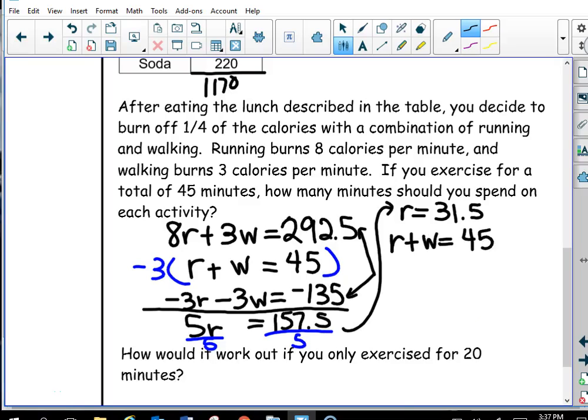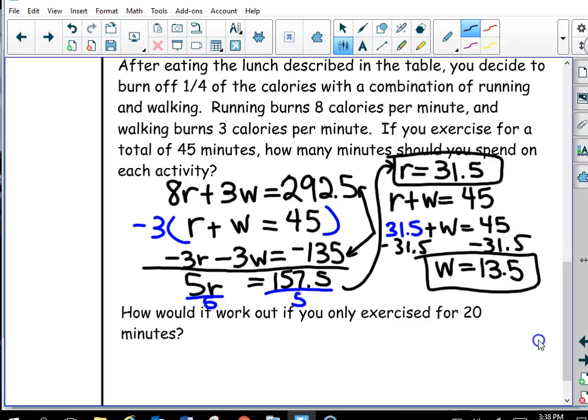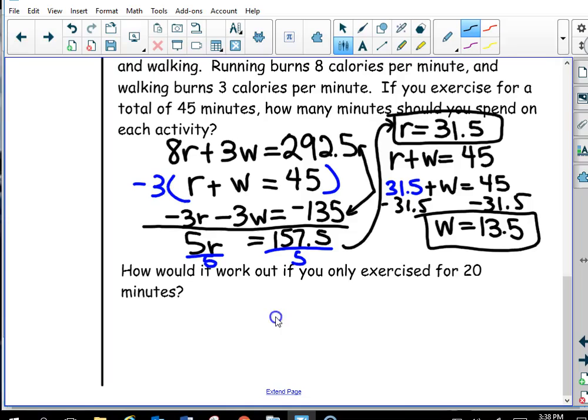That'll let me solve for W. Subtract 31.5 from both sides, and I get the number of minutes walking is 13.5. So running 31.5, walking 13.5. Well, I can do that. I think I'd rather walk for 31 minutes and run for 13, but that's just me.